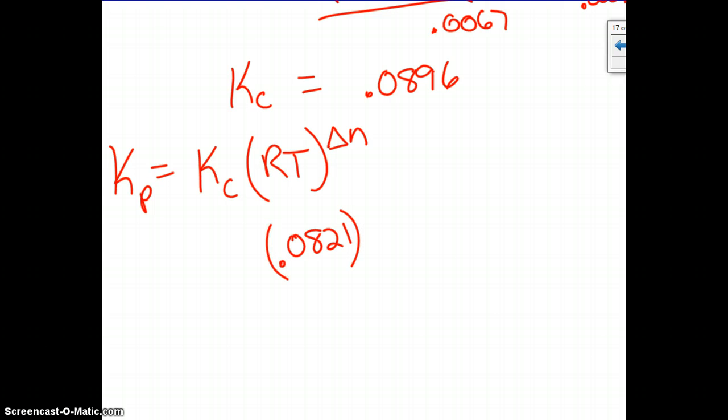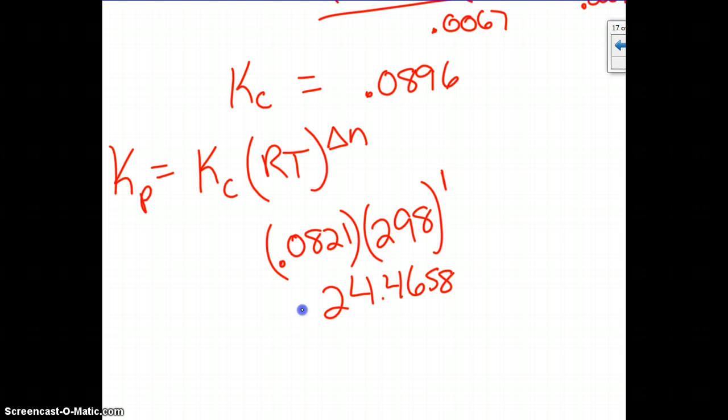The temperature of the reaction was 298. And delta N was 2 minus 1, which was 1. So we get 24.4658 for the RT raised to the delta N. Now we need to multiply that by the Kc, and that gives us 2.19, which is our Kp value.